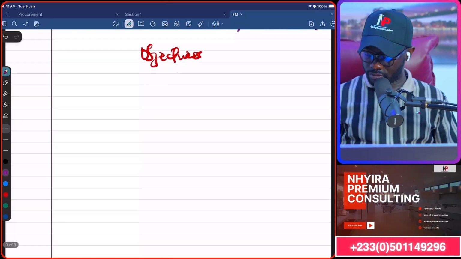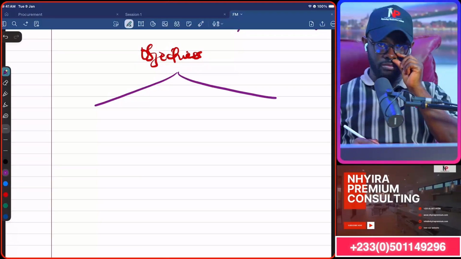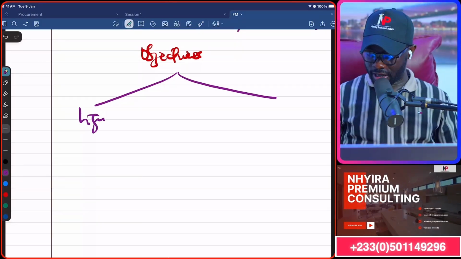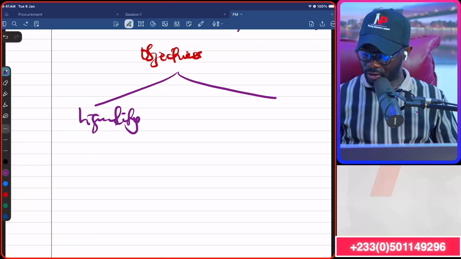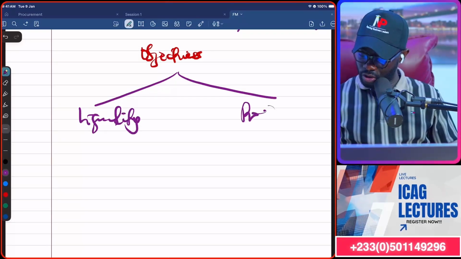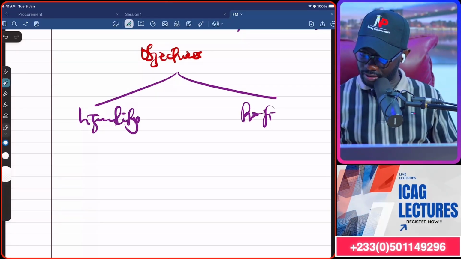Now, the key question we ask ourselves is, what are the objectives of working capital management? Broadly, there are two objectives: to achieve liquidity and also increase the profitability of the entity.